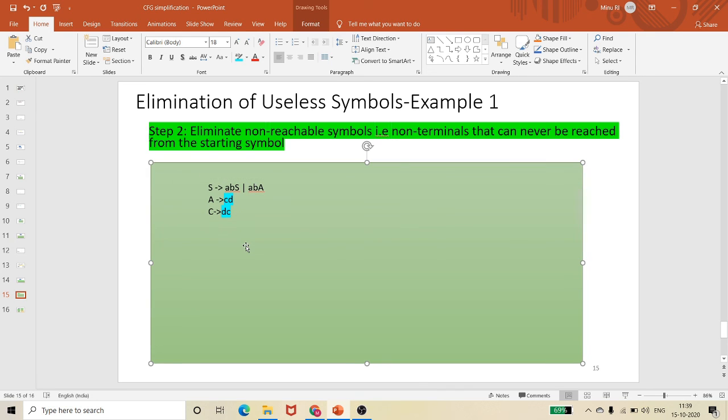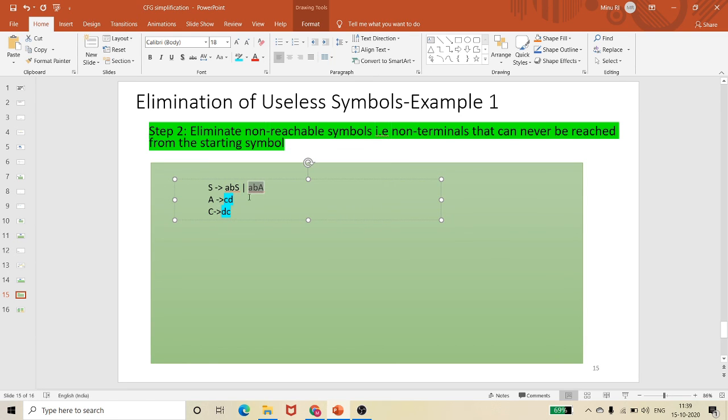Now what I have to do is eliminate a non-reachable symbol. Whatever grammar you write, you will be starting from your start symbol. So from the start symbol you should be able to reach all the non-terminals. For example, from S you can reach S, okay fine. From S you can reach A, okay fine.